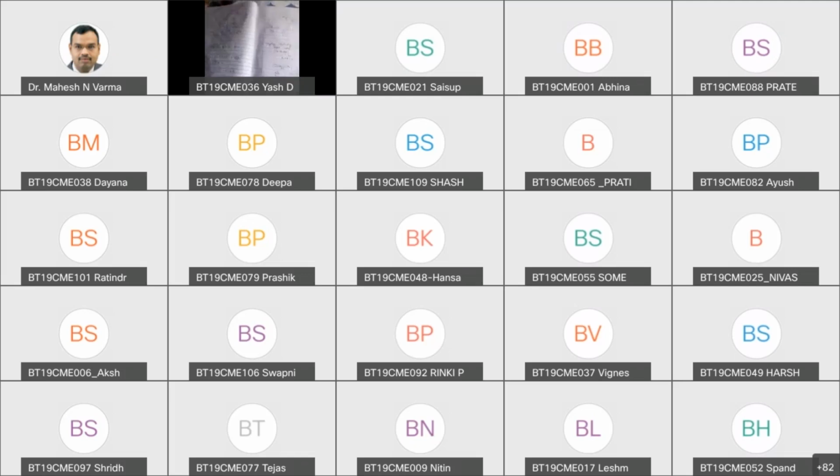So can you go to the previous problem where we got a similar thing? The last problem I have not written, but shell momentum balance I have written, sir. Where is the previous problem?